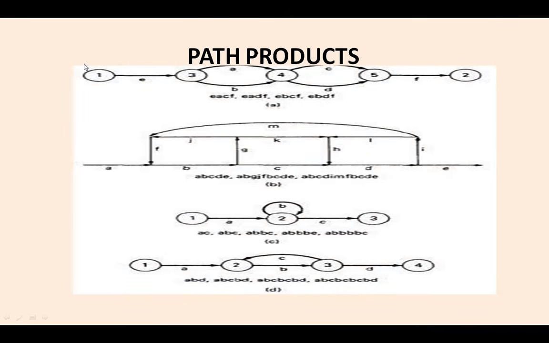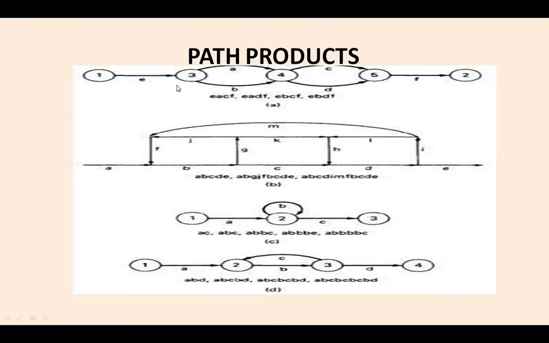Let us see in this example how these path products can be represented. Here the numbers are the node numbers 1, 3, 4, 5, 2. These are the nodes. Among these nodes, we have links: E, A, B, C, D, F, like that. How can we represent the path product here?